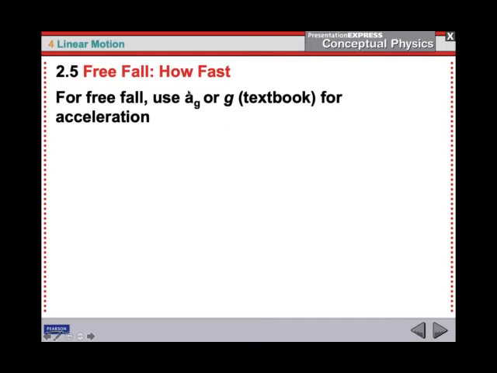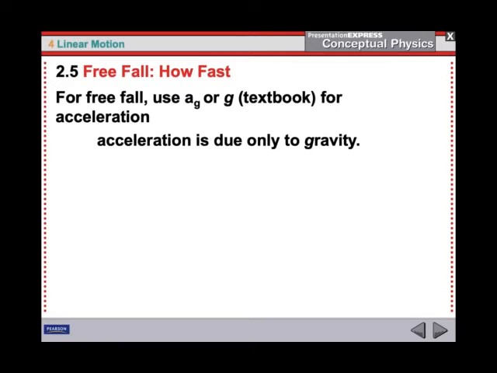I usually use A with a little g, saying it's a special kind of acceleration, the acceleration due to gravity. Your book uses just a lowercase g. I'm not really a fan of the lowercase g because it makes it seem like it's not related to acceleration. So I always use an A with a little g next to it. But be aware your textbook is going to use the g.